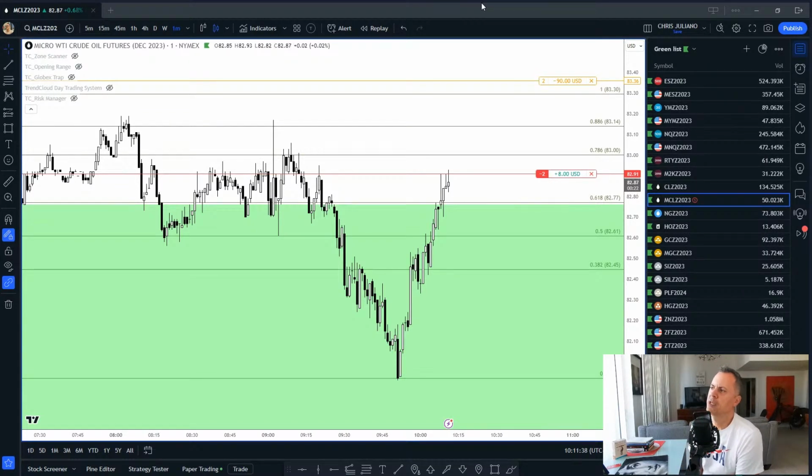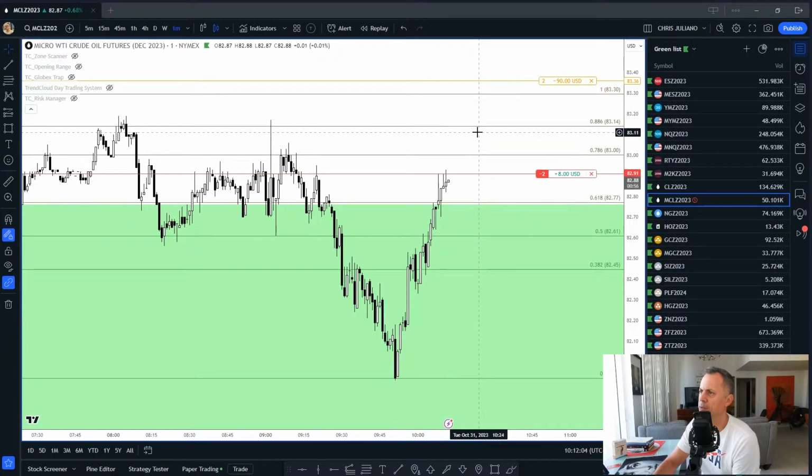Definitely want this to be short-lived here. So we just got in, and we've got this drop base rally down here. If this wants to continue to move up, it's probably going to pull back down into here.